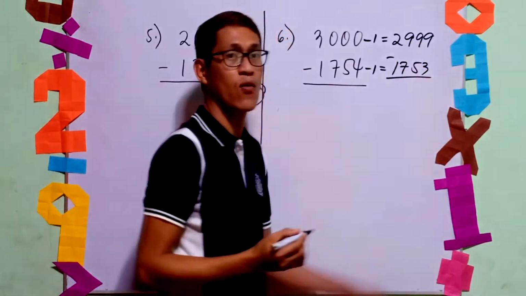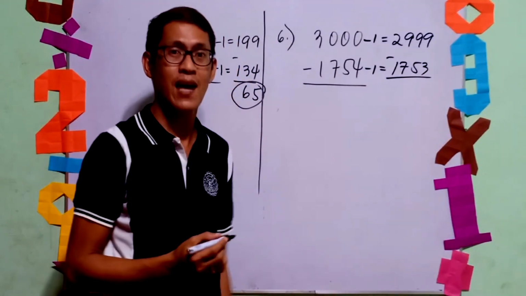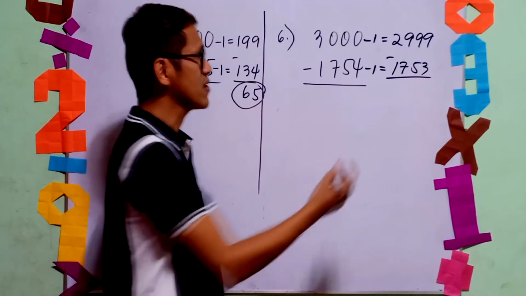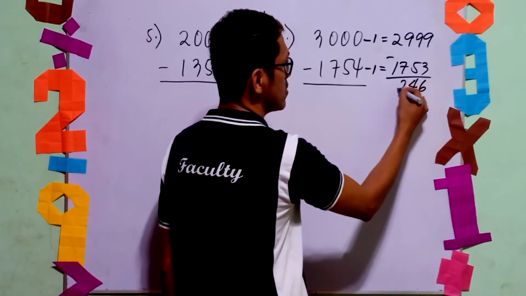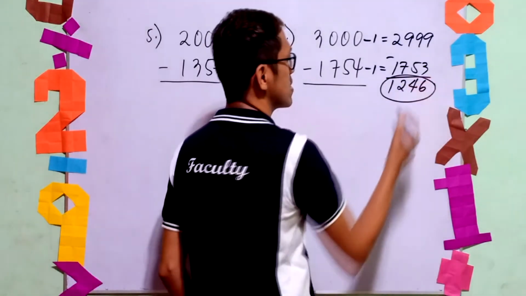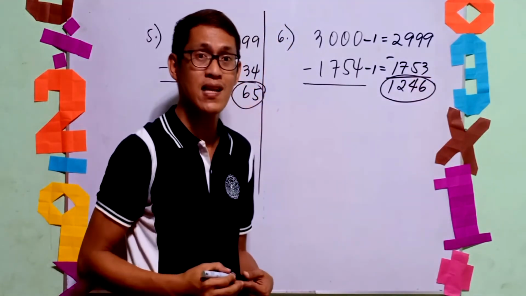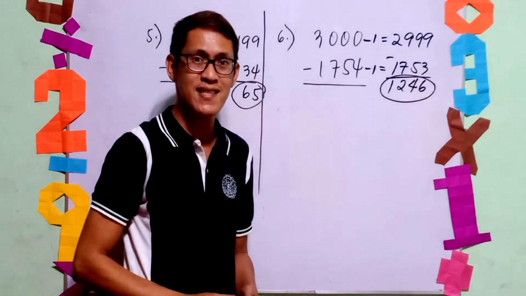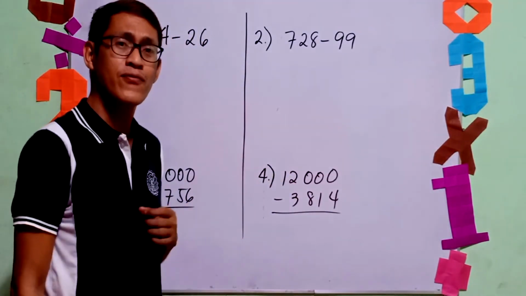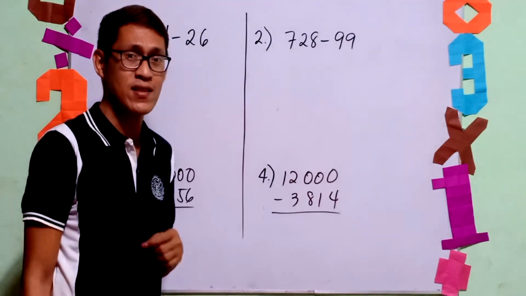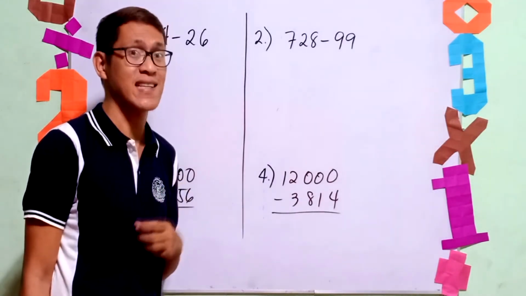Then after subtracting 1 from each number, that's the time you will subtract them. So it's easy now to subtract. Here you get 6, 4, 2, and 1. So the difference is 1,246.